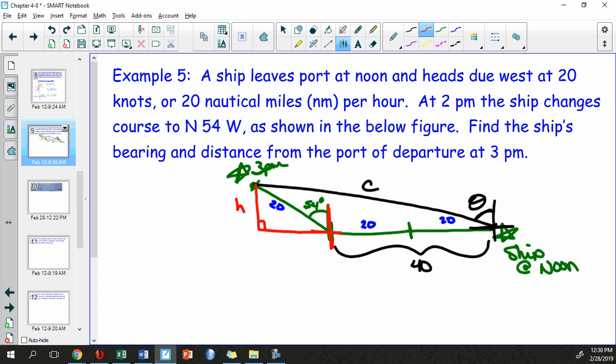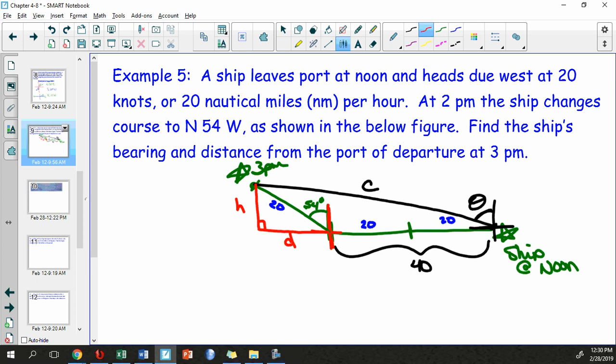Okay, what I don't know is the distance from my right angle over to where I change directions. Since I don't know it, what should I label it? X or D, it's a distance. I'm going to label it D. Yes? Now, do you see that I have 3 triangles here?